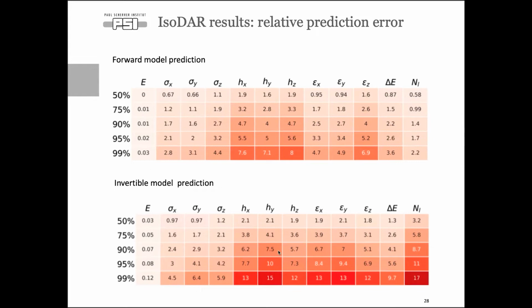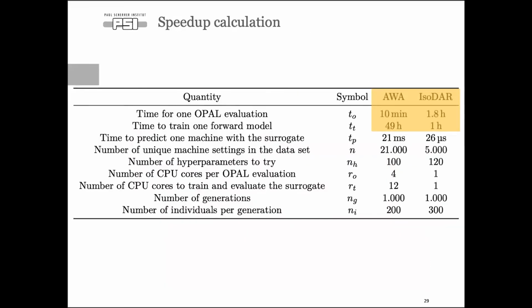For the invertible model prediction, for the relative error, we used again first the inverse pass and then the forward pass of the invertible model. Still for the energy, we have just a relative prediction error of 0.08% at 95% confidence. And the parameters that are predicted worst are here the halo parameters and the emittance. So summarized, we can say that the forward and the invertible model describe the two operators quite well.